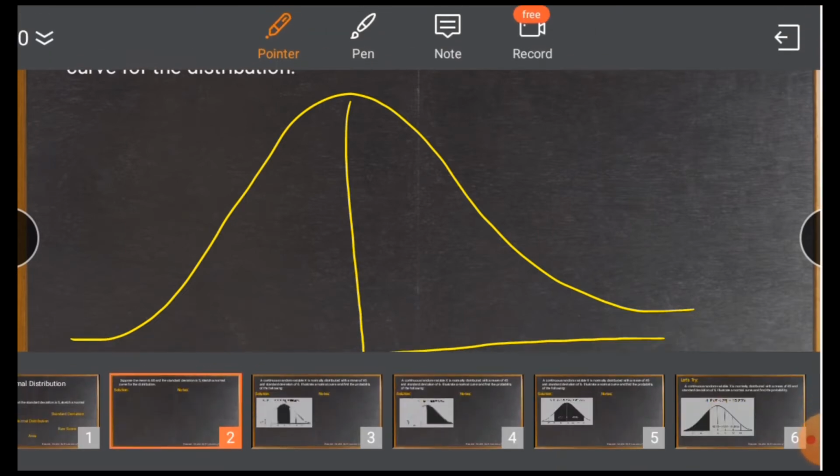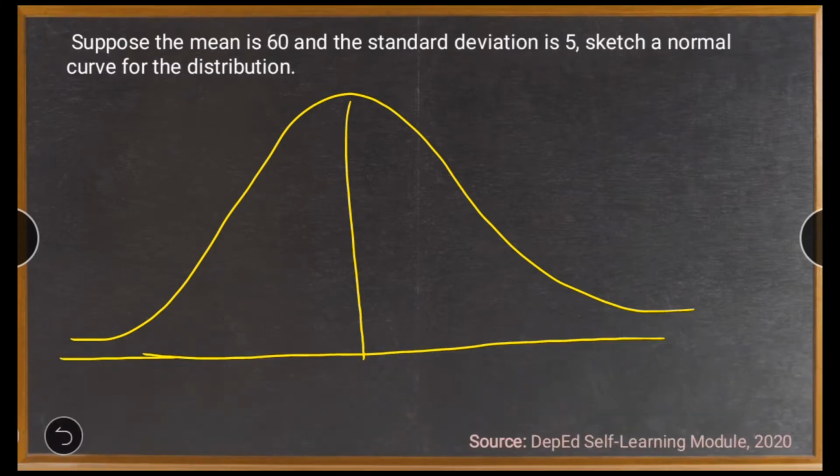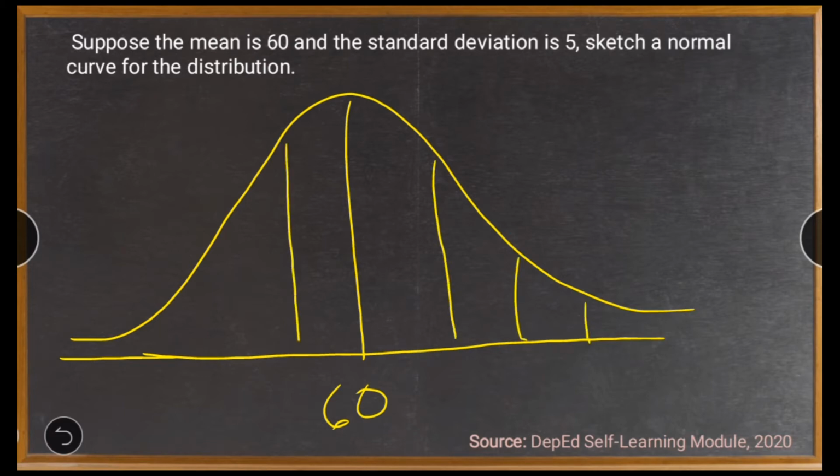And we will have now the problem, mean of 60. We have 60 here, and the standard deviation is 5. In a normal curve, we consider at most 3 standard deviations. So we can draw 1, 2, 3.